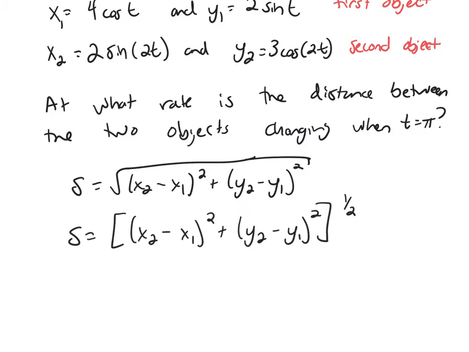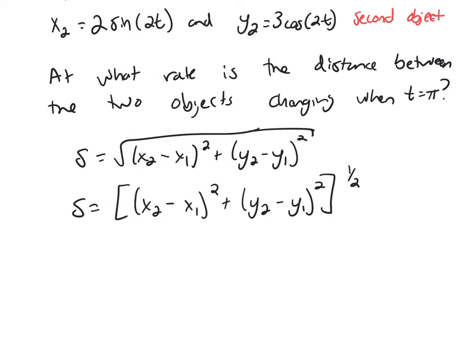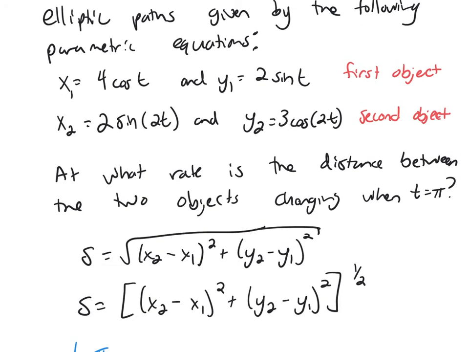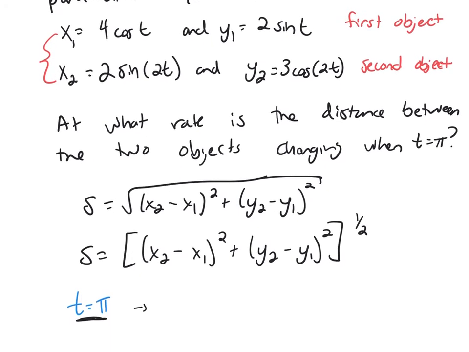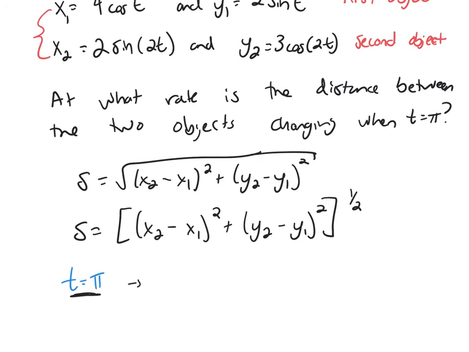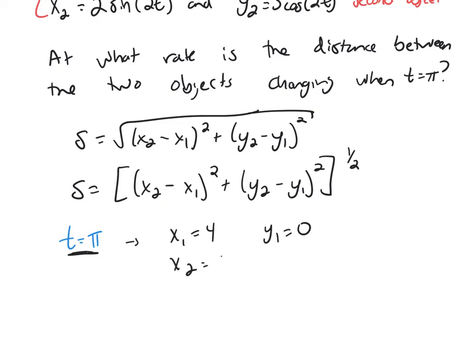And then I'm told t equals pi, but I need to know the position of these objects when t equals pi. So you go back to your parametric equations and plug in pi. If you plug in pi, you'll see that x1 is 4, y1 is 0, x2 is 0, and y2 is 3.